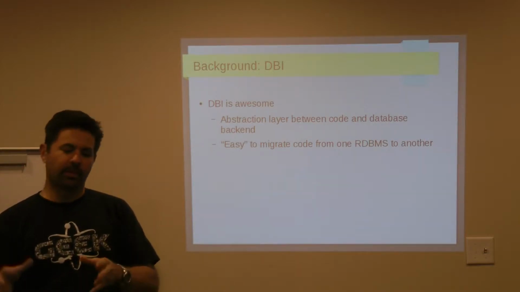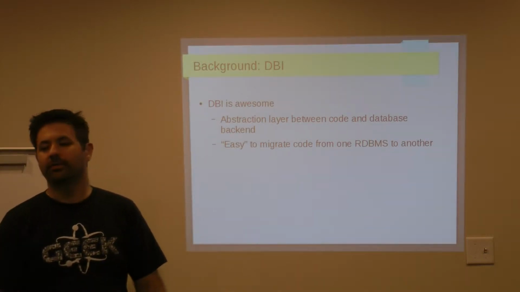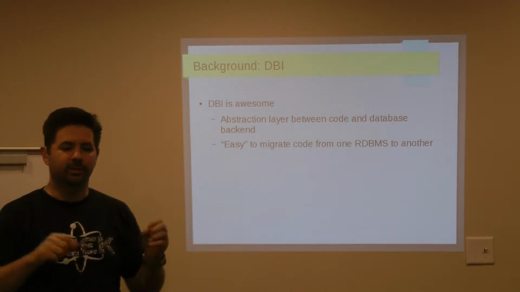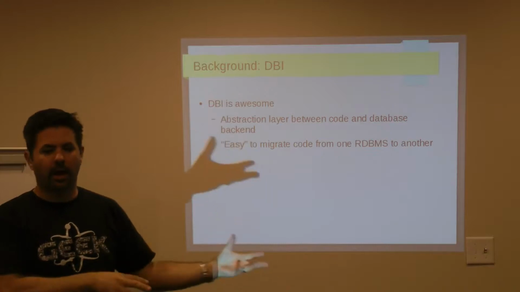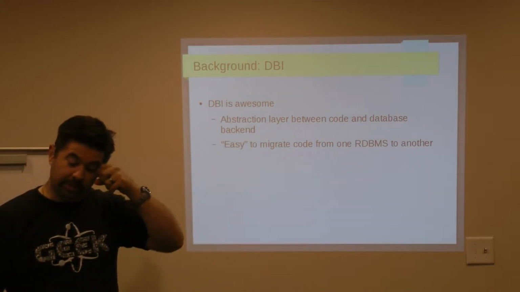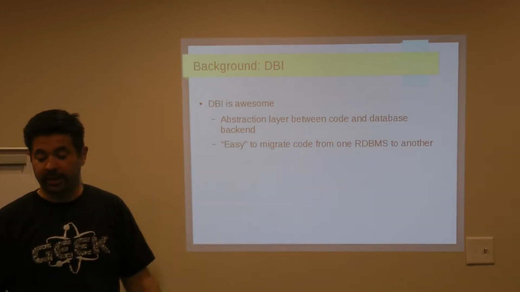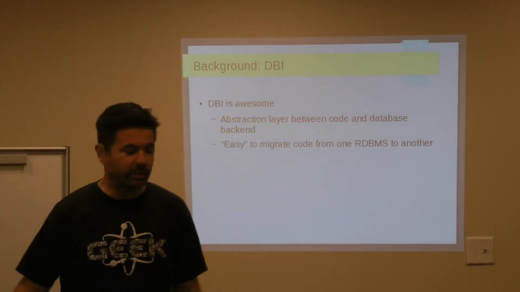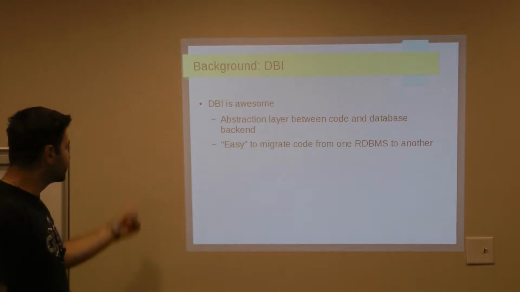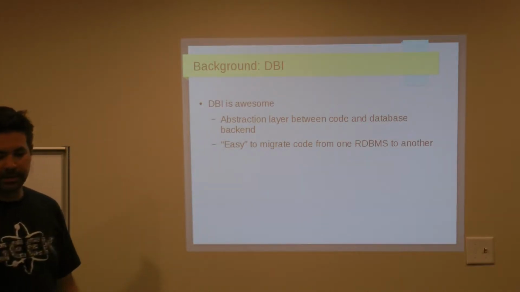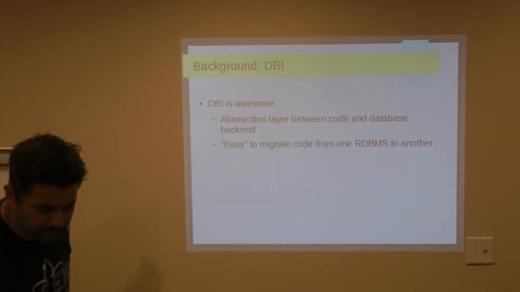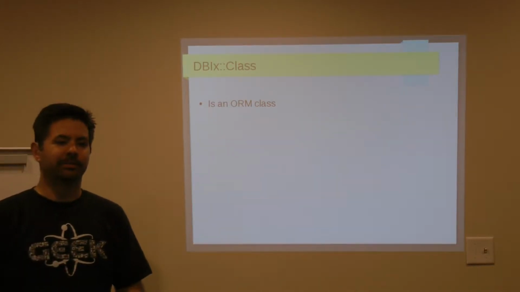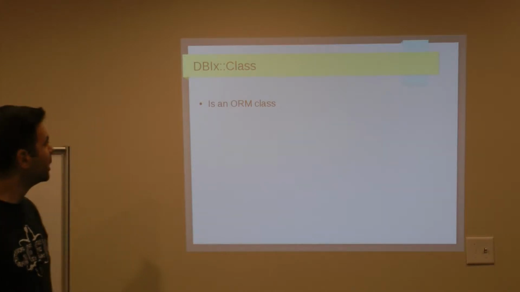If you were moving from, say, Postgres to MySQL, you'd have to go through every single statement that dealt with the database and swap it out with whatever the other database used. But with DBI, you just swap out the connection line, and now everything works just the same. So it makes it really easy to migrate code from one database to the other, in theory. But even if it doesn't work perfectly, it certainly makes it a lot easier than it would be otherwise.